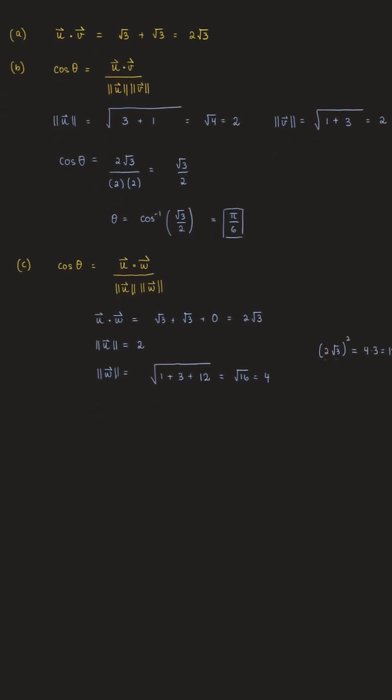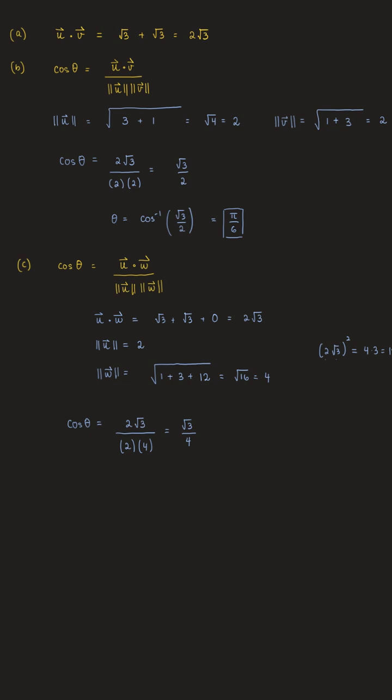All right, so we have everything we need to find the angle between u and w. So we'll have that the cosine of theta, the dot product of u and w is 2 square root of 3, divided by the magnitude of u, which was 2, and the magnitude of w is 4. So this gives us root 3 over 4.